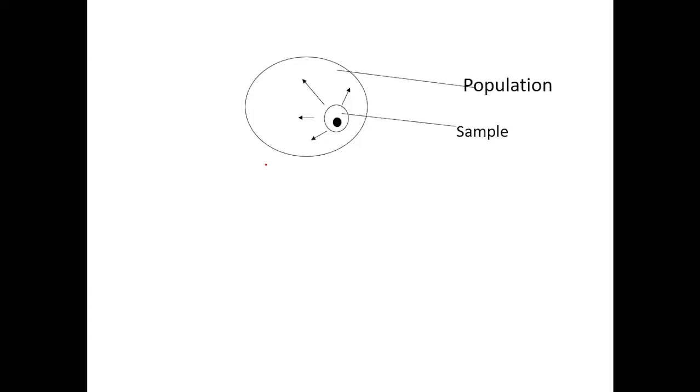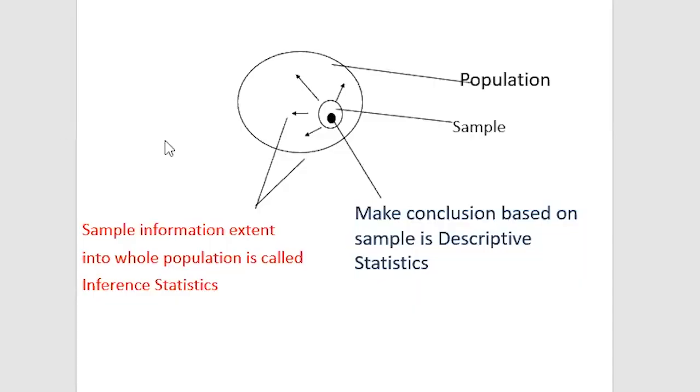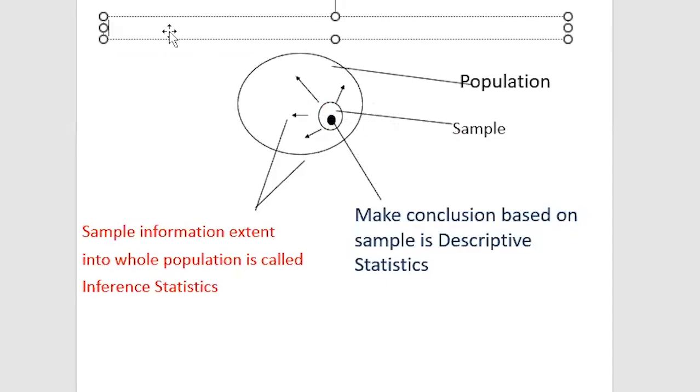Here, the big circle, I say, is the population. Before going to that, I will give an example. Say I want to measure the average height of first year students. This is my question.